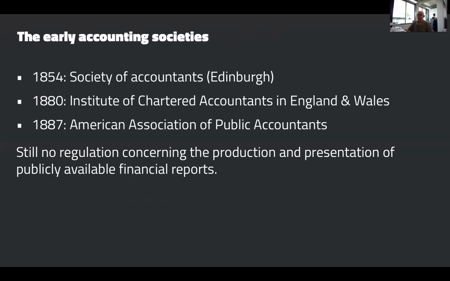And then in 1887, we have the Americans getting on board with the American Association of Public Accountants. Now, there's still no government regulation at this time concerning the production and presentation of publicly available financial reports, but you can see the practice of accounting itself starting to formalise.